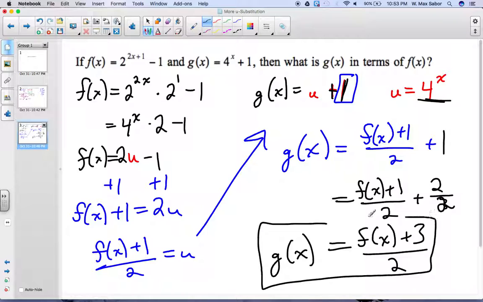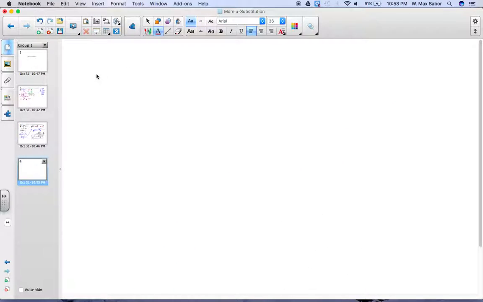So again, the strategy that we just did, and I'll write this down in a moment, was we figured out what was in common between the two equations, performed a u-substitution, solved one of the equations for u, and then substituted into the goal equation. So let's write that down.